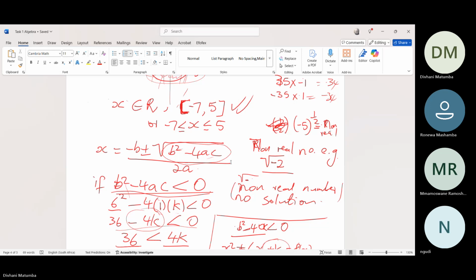Ronel. Mam Swane. Please repeat your question. What is it that I must equate b squared minus 4ac, which is under the square root, to in order for us to have 2 solutions of x?